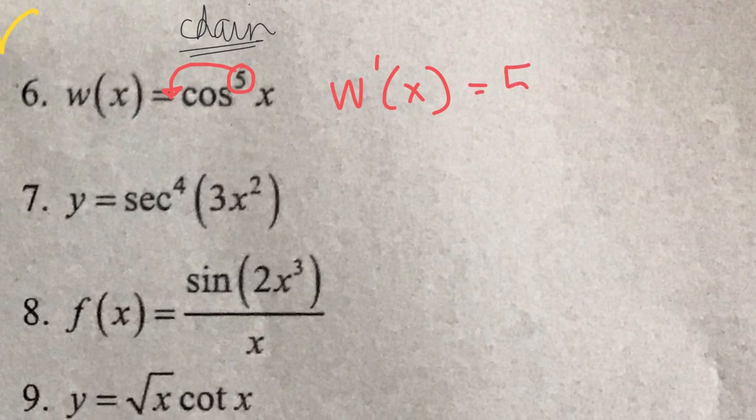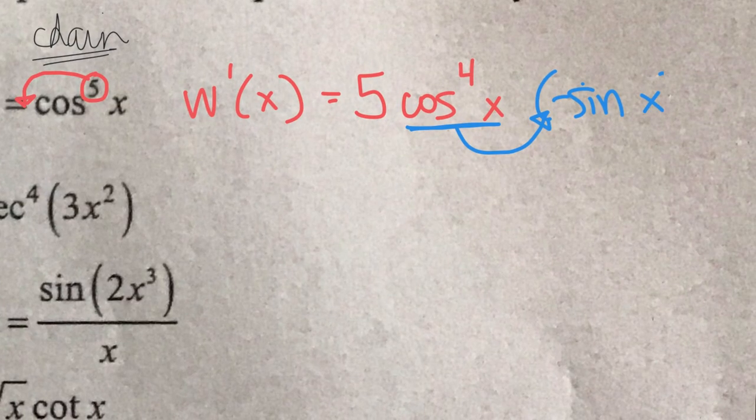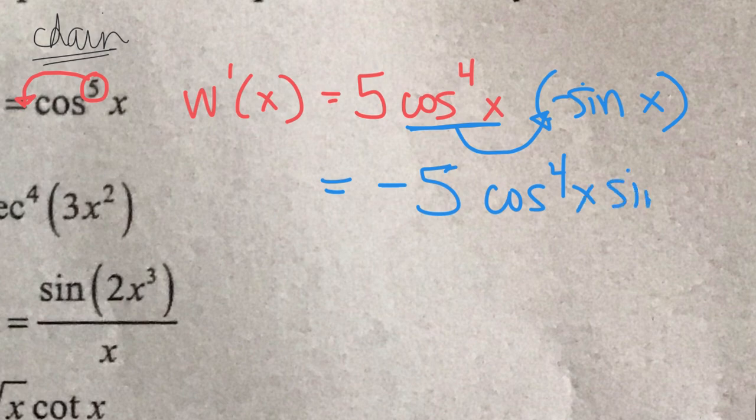So that will be 5 in front of our cosine to the 4th of x. And now we multiply it by, what is the derivative of cosine? Negative sine of x. So this can be negative 5 cosine to the 4th times sine x.